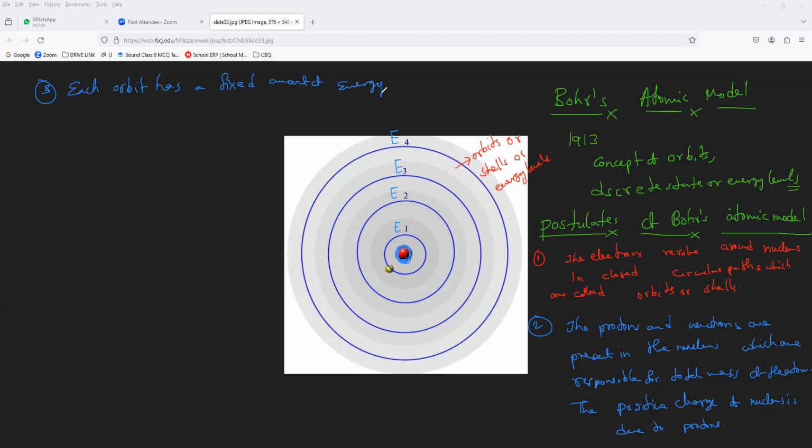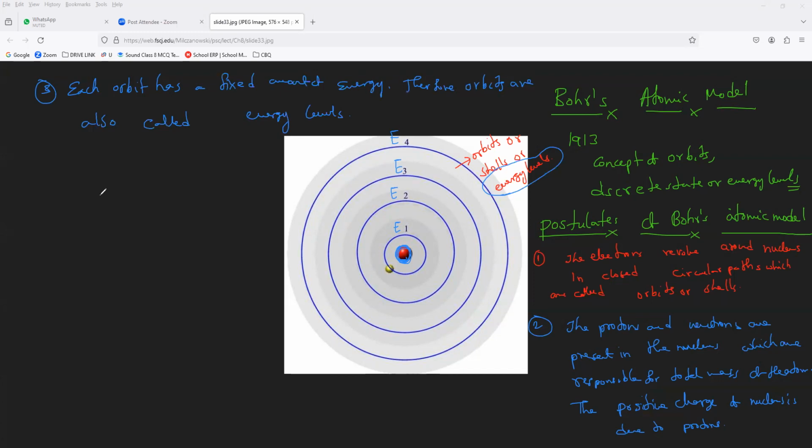Therefore, orbits are also called, what do we call them, guys? Energy levels. Okay. So that is the third point.